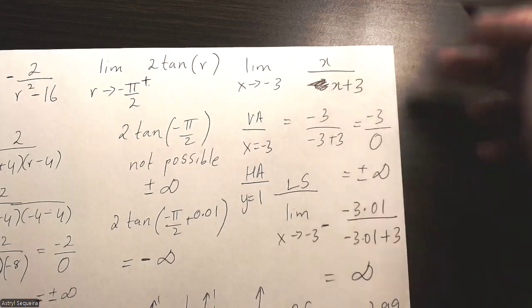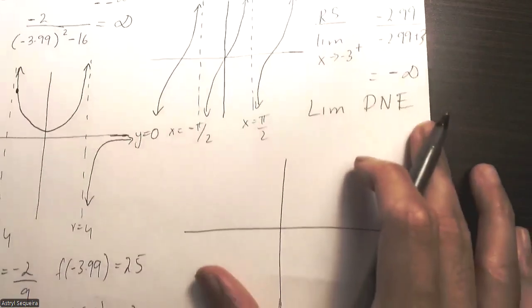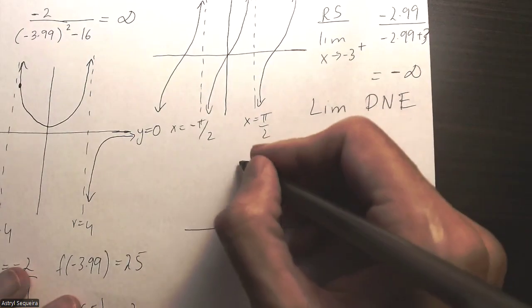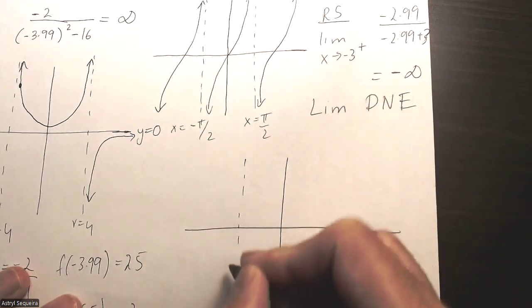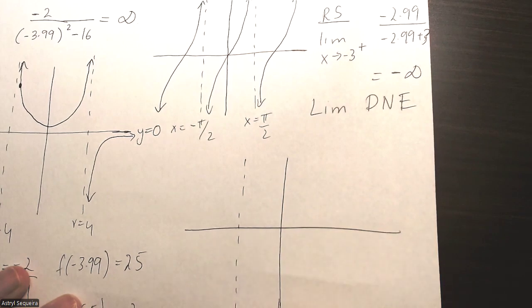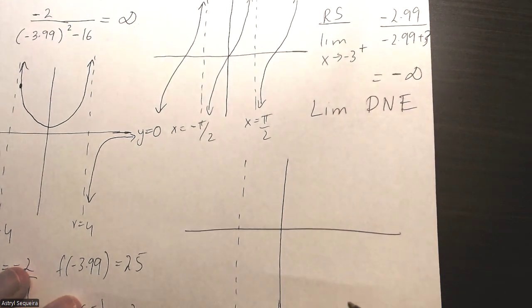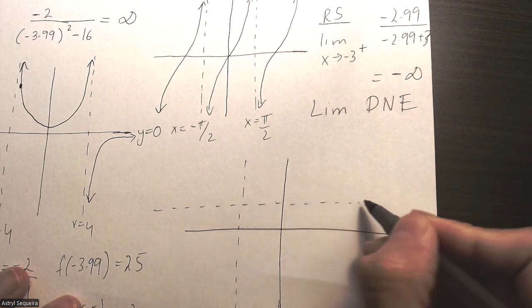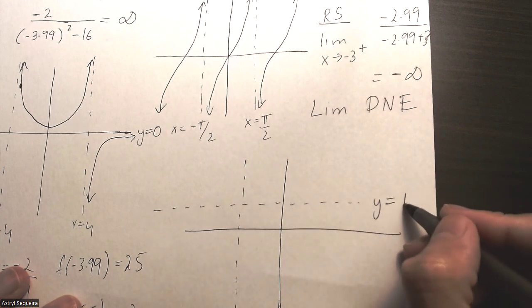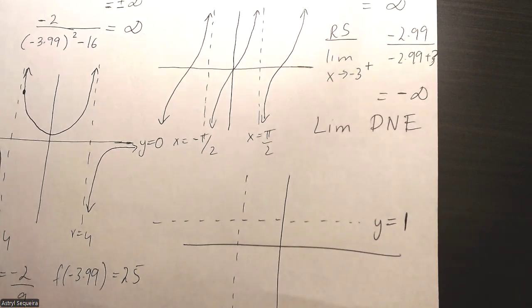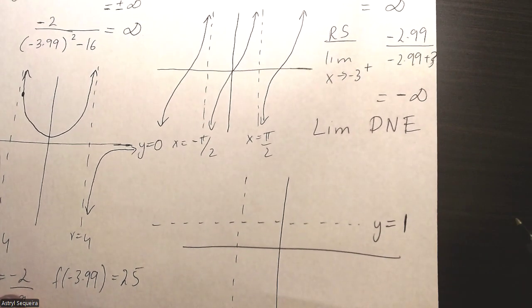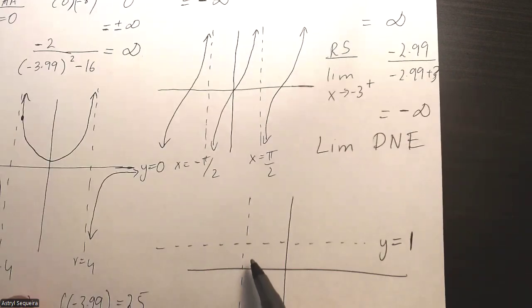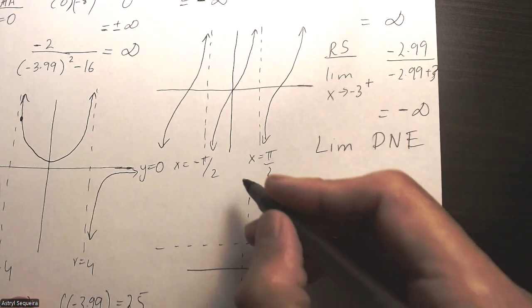So 1 divided by 1 is 1. So vertical asymptote at x equals -3, horizontal asymptote y equals 1.